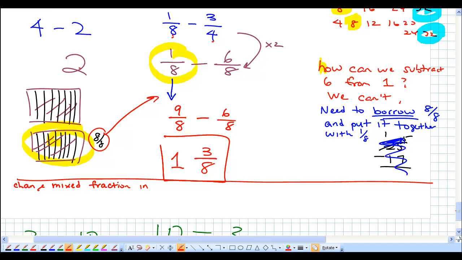This is a common way of people doing this as well. If you like this method, then go ahead and try. If you don't, then please don't. Change mixed fractions into improper fractions. That's what I'm asking you to do here. I hope you have some space still.